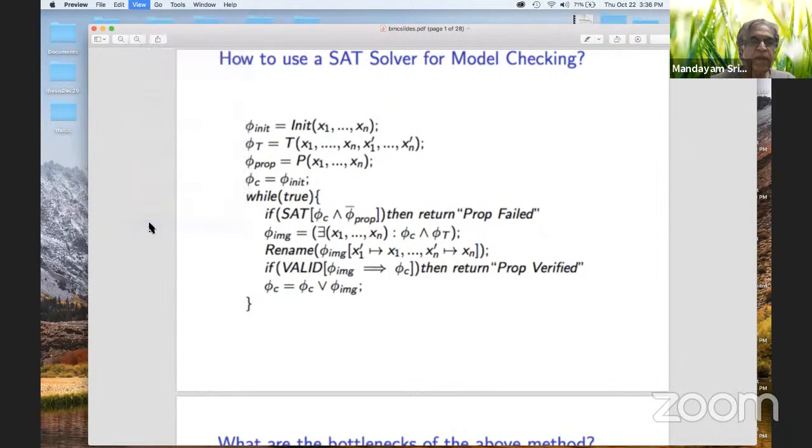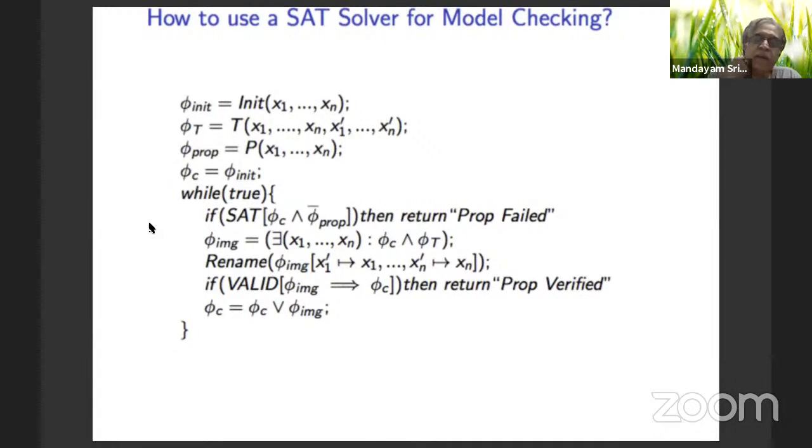As I had mentioned in the mail that I sent you about the agenda for today, so far you've seen how to use BDDs to represent and manipulate formulas which characterize sets of states, towards computing fixed points, which is what pretty much model checking is about.